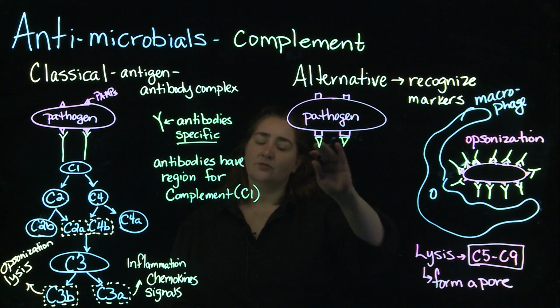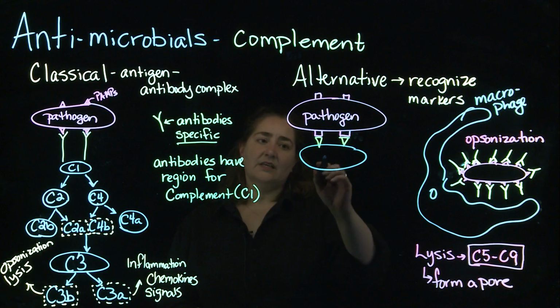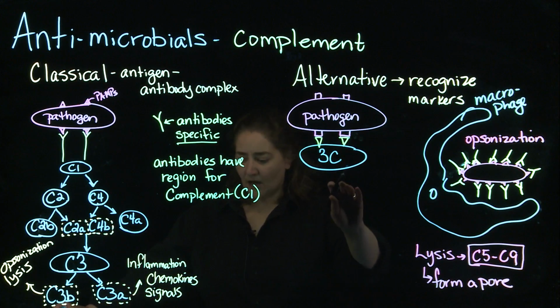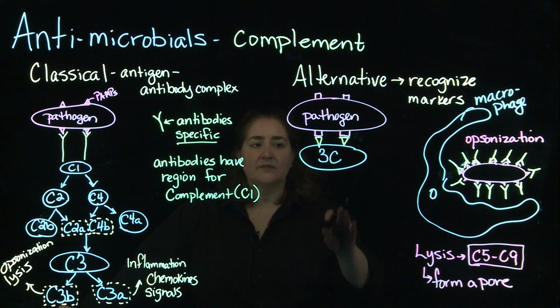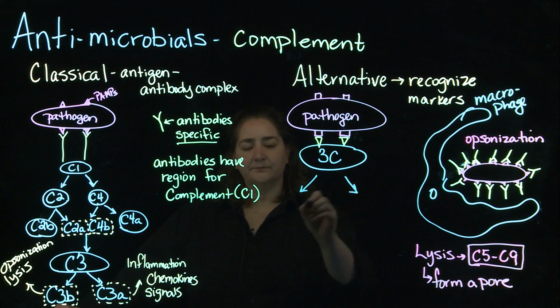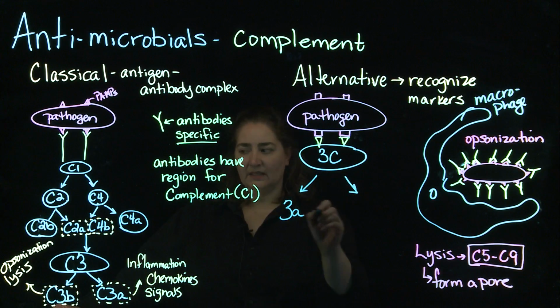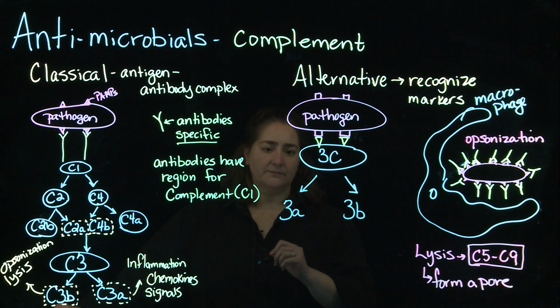I'm not concerned that you know the names of them. But what that does then is that's going to recruit specifically complement C3. All right? C3 then is going to, again, split into 3A and 3B. Okay?